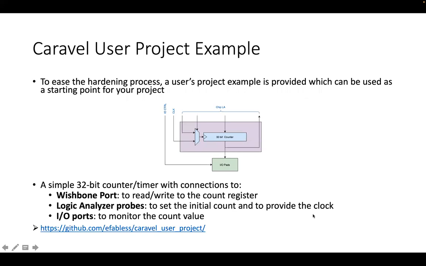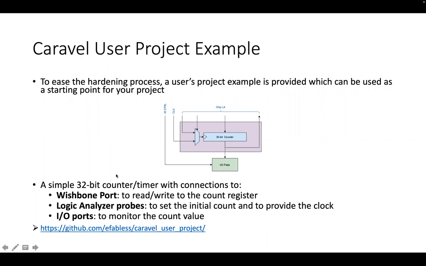In order to harden our design, we will use the Caravel user project example. This is an example that was made to ease the hardening process. It's a user's project example provided, which can be used as a starting point for our project.